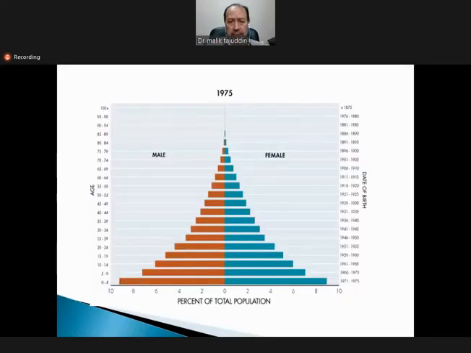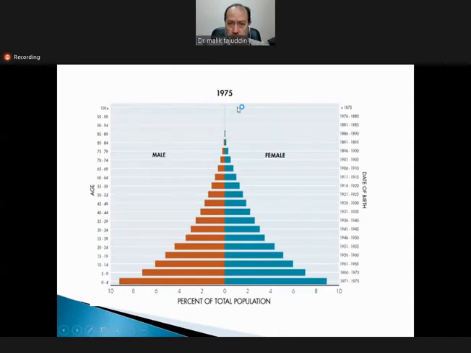All these things we will see one by one, how we can study them. Now a population pyramid. This is an exemplary population pyramid of a country that was made in 1975.